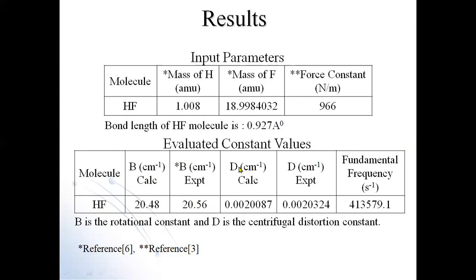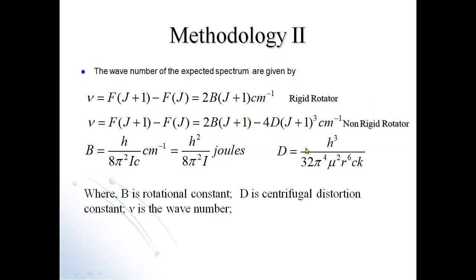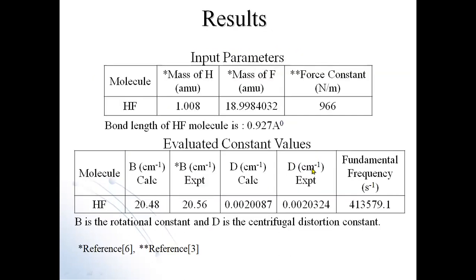This is the rotational distortion constant D, which you can calculate using this expression, which I have given to you. You calculate this and compare with an experimental finding. Find out the fundamental frequency of oscillation using the expression 1 upon 2 pi times the square root of k divided by mu.